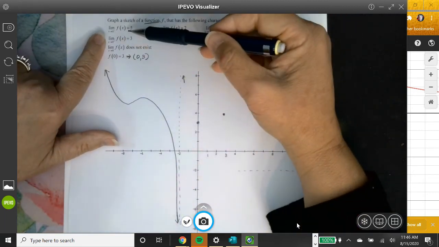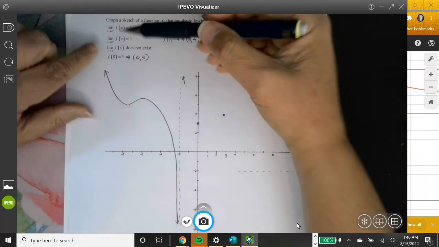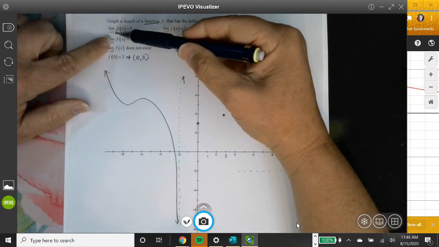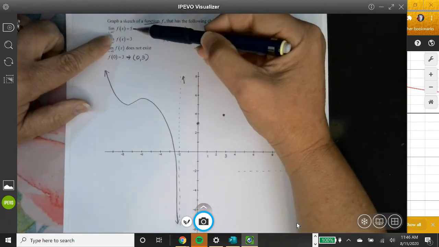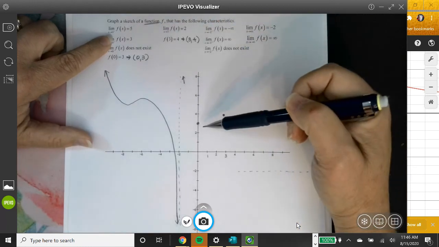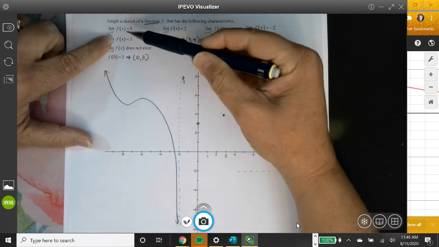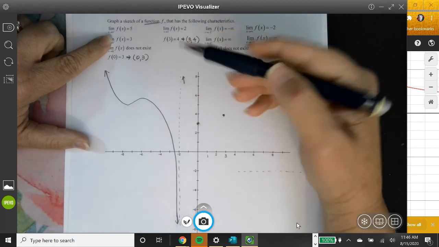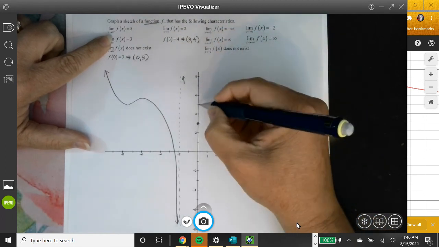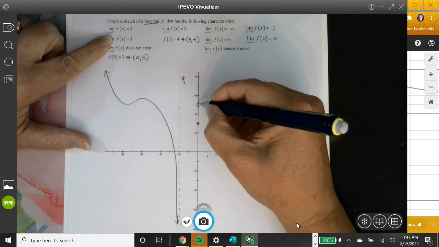The limit of f of x as x approaches 0 from the left side is 5. But wait, it says my function value at 0 is 3, but I have to approach 5 from the left side, which means for this to be a function, I have to have an open dot here at 5.